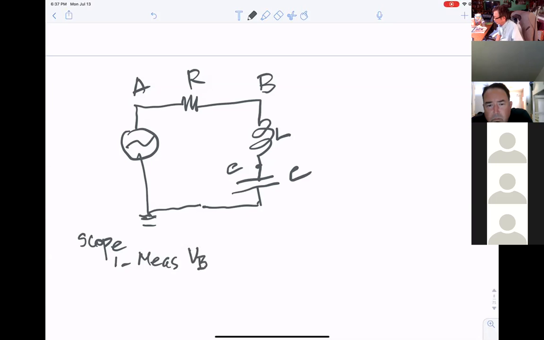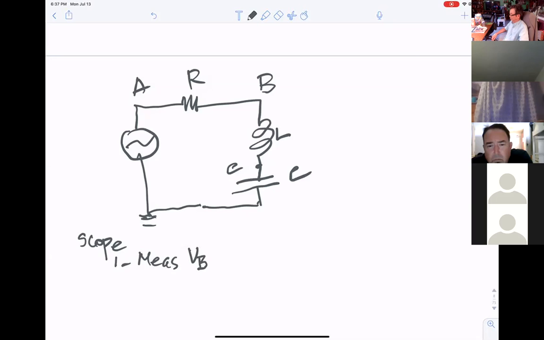How do I connect the scope? Using channel 1. Channel 1 ground in point A or the generator? No, we're not talking about the generator. I'm talking about if I give you this circuit and the scope, tell me, how can we measure VB?